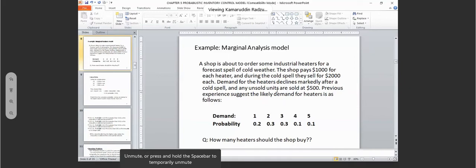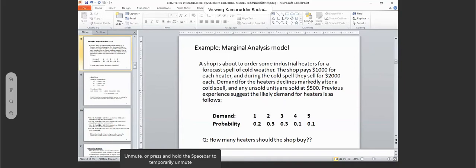So, kalau kita tengok di sini dalam contoh yang diberi untuk marginal analysis model, antara contoh yang kita katakan permintaan terhadap item yang mempunyai strong seasonal demand iaitu heater yang digunakan pada musim sejuk. Kan kita ni tak ada musim sejuk, tak ada salji kan.